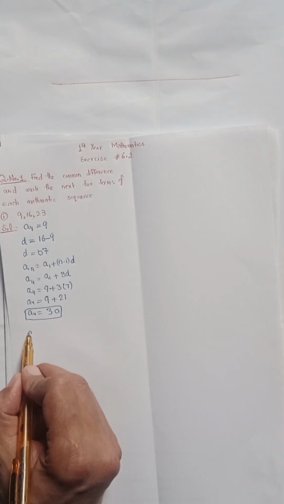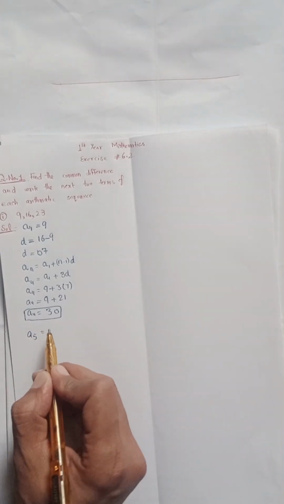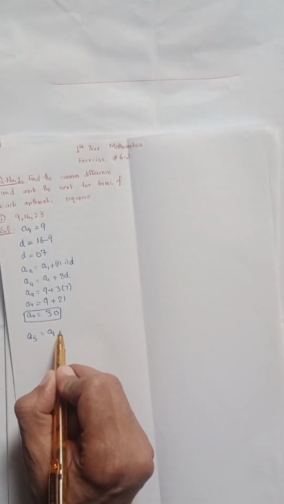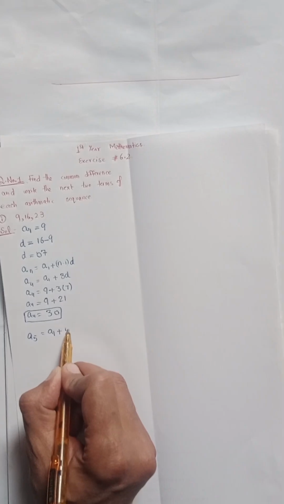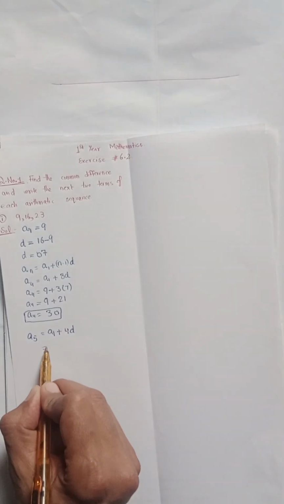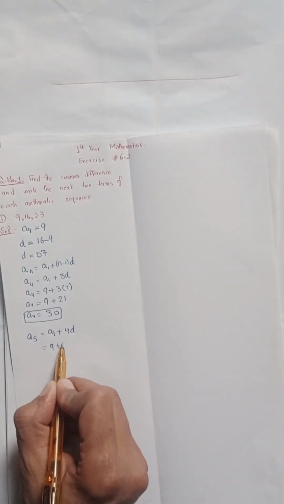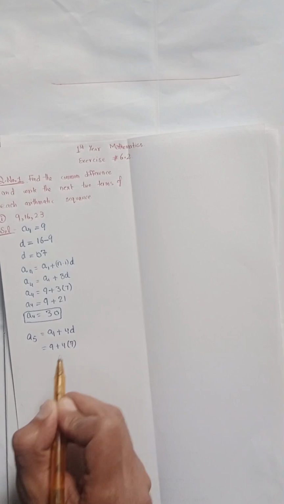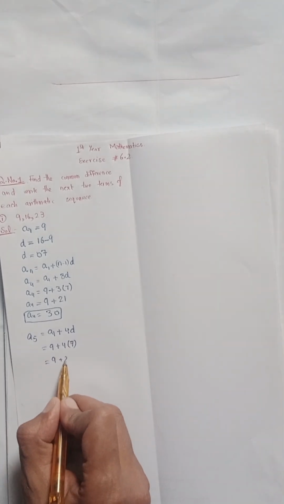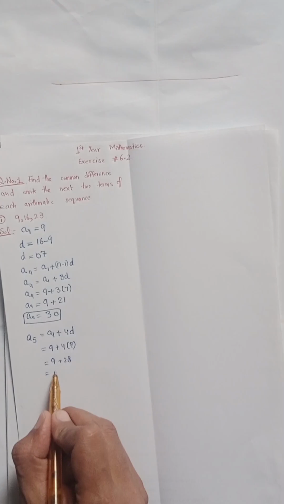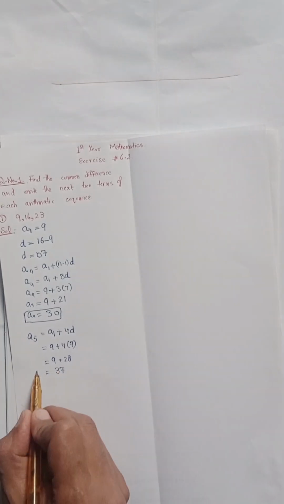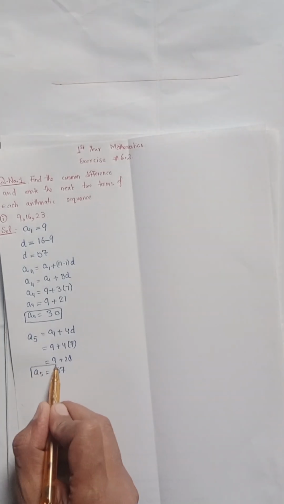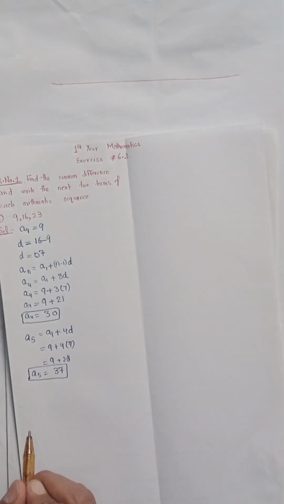And A5 equals A1 plus 4D, 9 plus 4 into 7, 9 plus 28, that becomes 37. A5 equals 37.